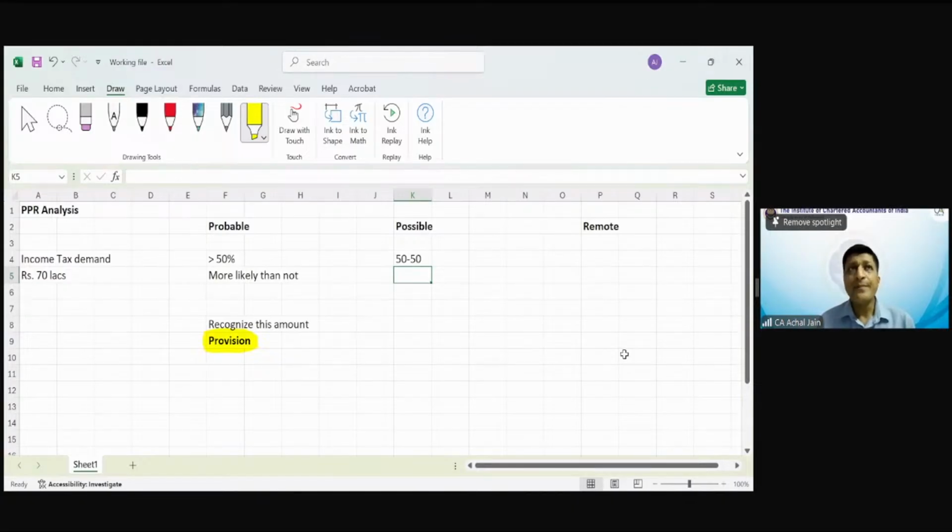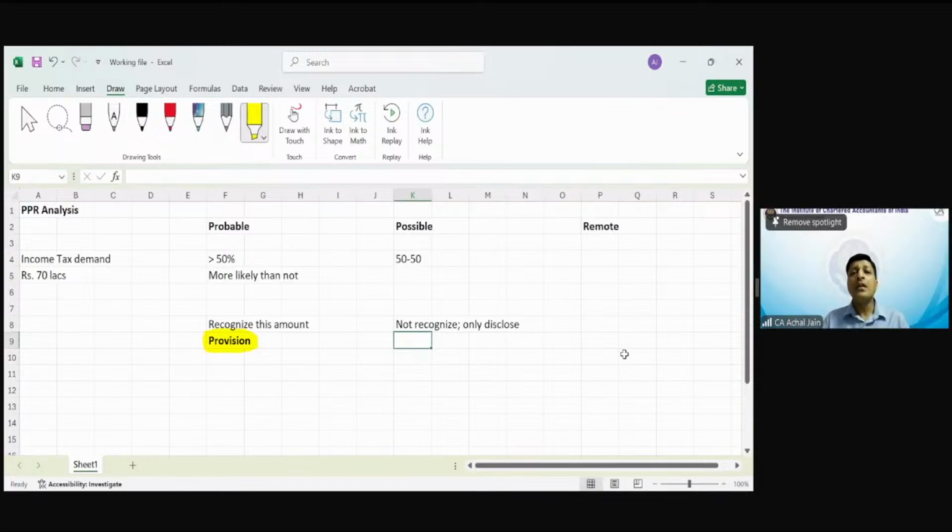So in case it's not probable, it's only possible, then what do you do? You will not recognize this amount. Instead, what will you do? This amount will only be disclosed.